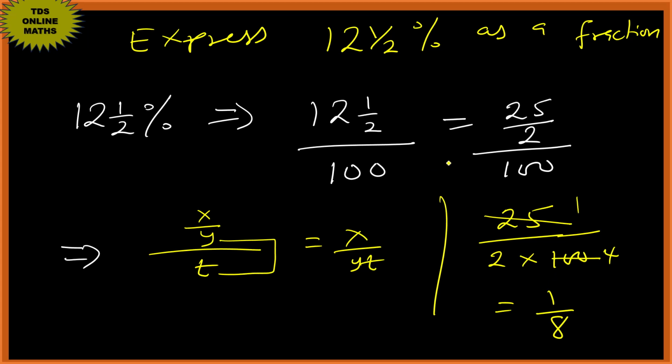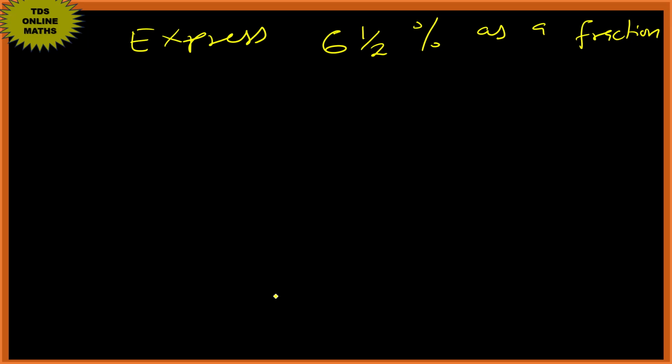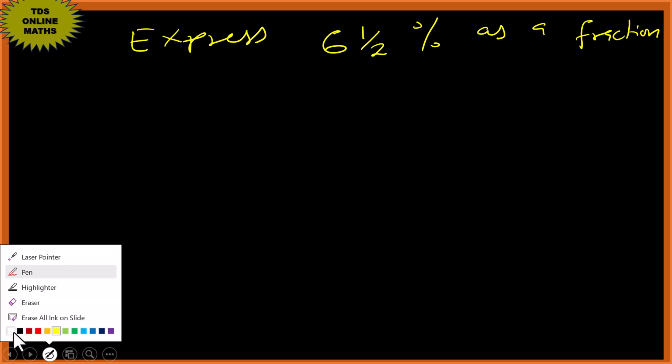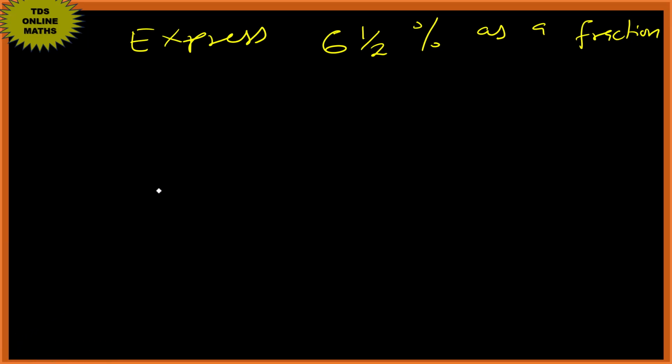All right, let's try this again. Express 6.5% as a fraction. So you can pause the video and give it a try. So it's the same as 6.5 on 100, okay?